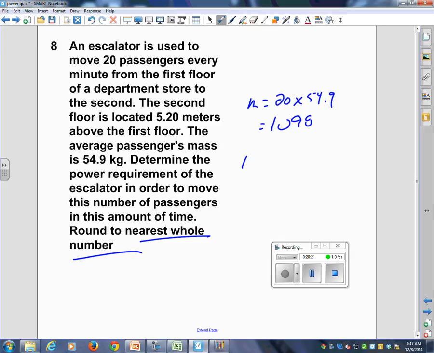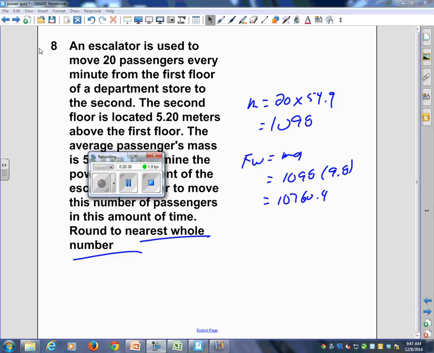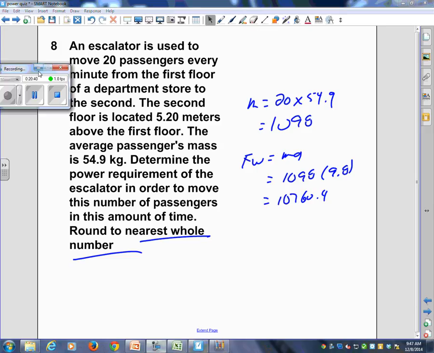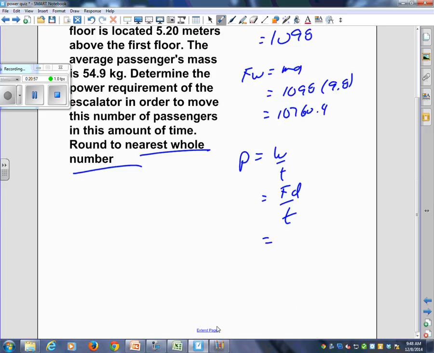1098. Weight force is mass times gravity. 1098 multiplied by 9.8 is 10760.4. And we want to know power, right? Work over time, so that's going to be F times D over T. 10764.